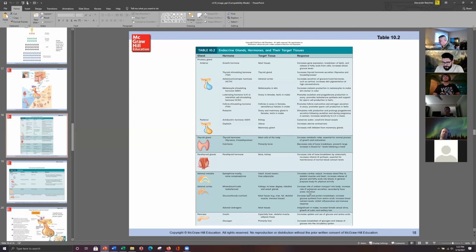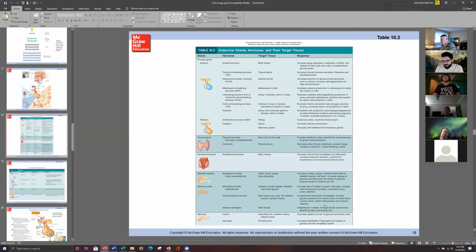Glucocorticoids act upon most tissues, things like liver, fat, skeletal muscle, immune tissues, and can increase things like lipid and protein breakdown. Again, so gluco, kind of like sugary, fatty things. And this cortisol hormone we're going to see pop up in a couple other instances is a typical hormone that's produced in the body as a stress response to something that the body is undergoing at a given time.